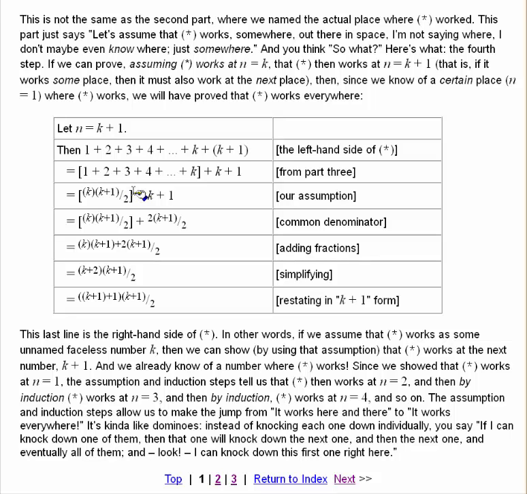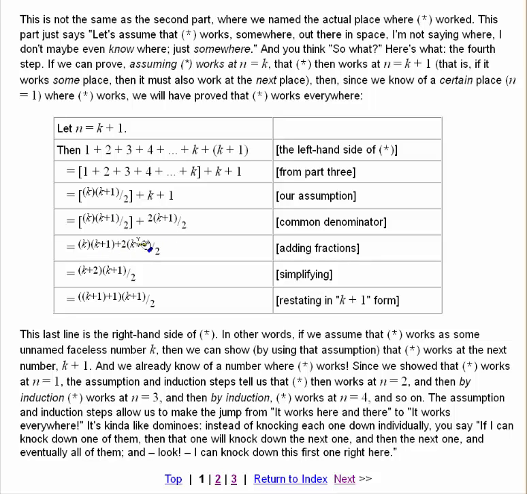All right, so now we're going to do some arithmetic. At this point, we can put the last term over a common denominator. We can combine it with the other terms. Now here you have k times k plus 1 from the first part, plus 2 times k plus 1 from the second part.